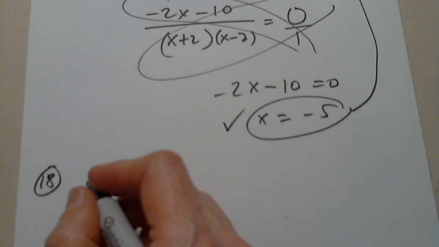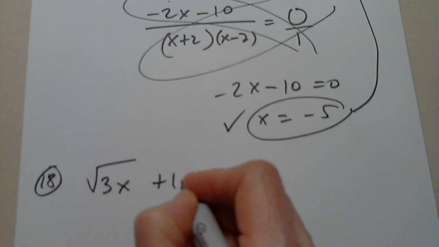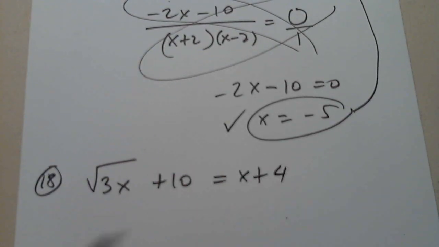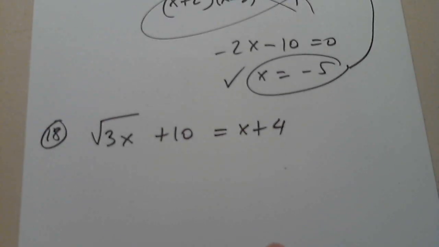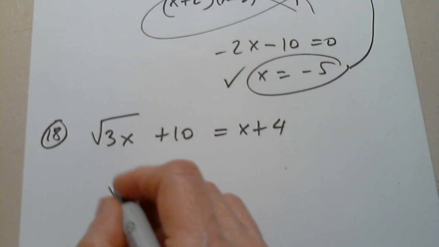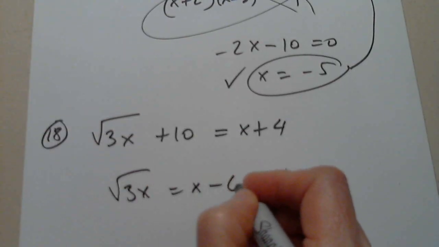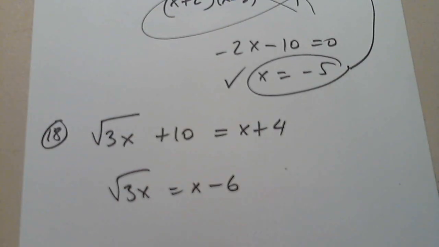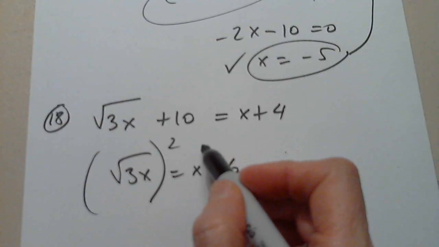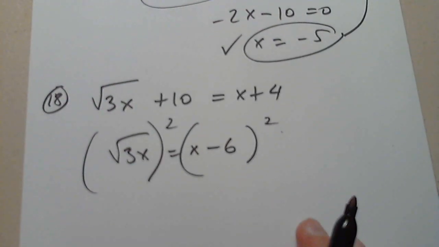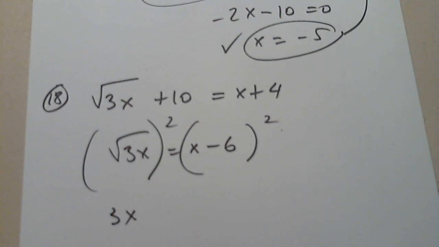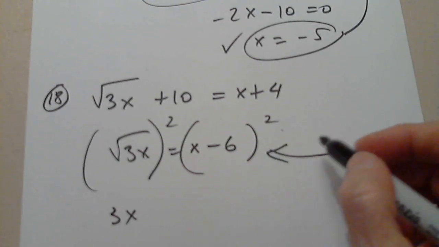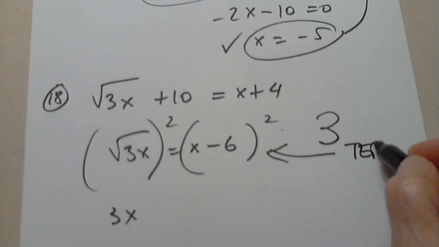Okay, so here we have the square root of 3x plus 10 equals x plus 4. This is a radical equation. I have to move 10 to the other side first. So I have 4 minus 10 is negative 6. I have to square both sides. And this left-hand side is 3x, but here you have to remember this is 3 terms.